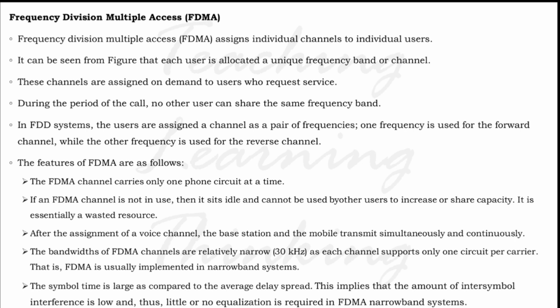Frequency division multiple access. As I said earlier, frequency division multiple access assigns individual channels to individual users. It can be seen from the figure that each user is allocated a unique frequency band or channel.